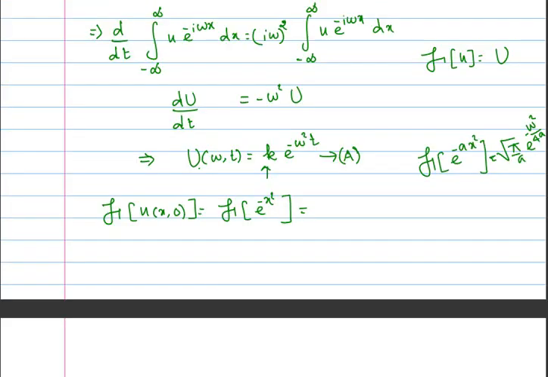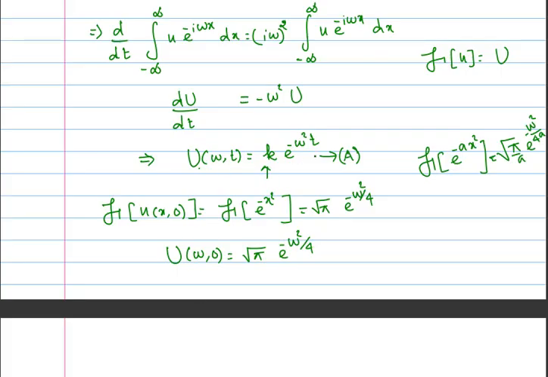In our case a equals 1. So we get square root of pi times exponential of minus omega square divided by 4. So capital U of omega comma 0 is square root of pi times exponential of minus omega square divided by 4.